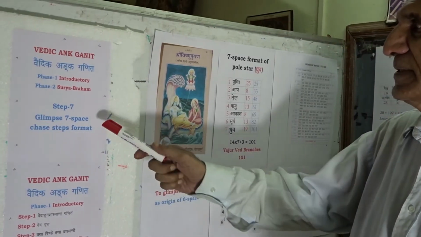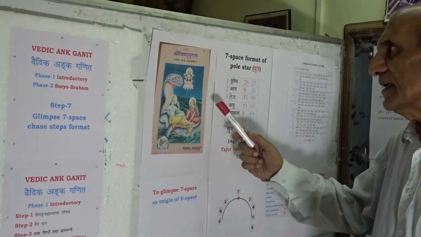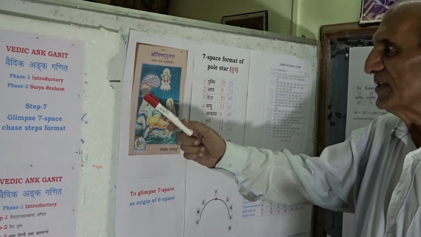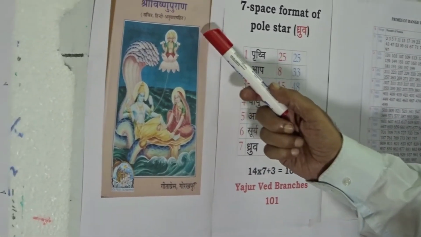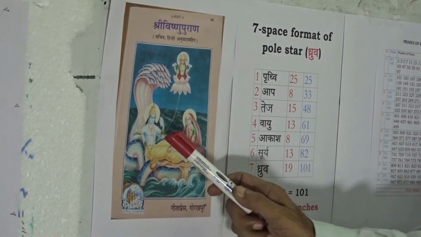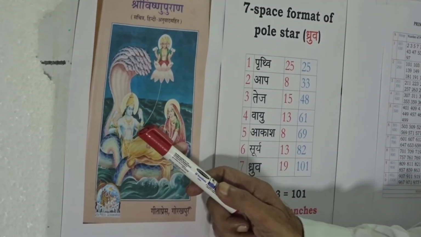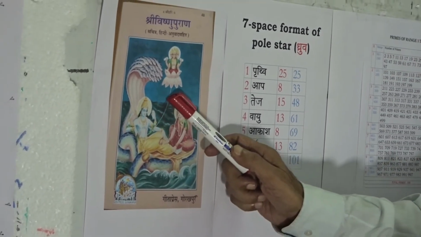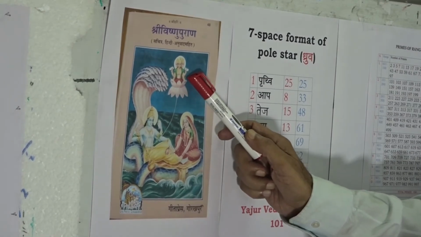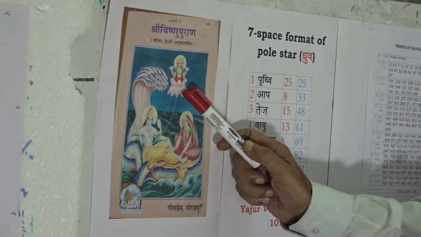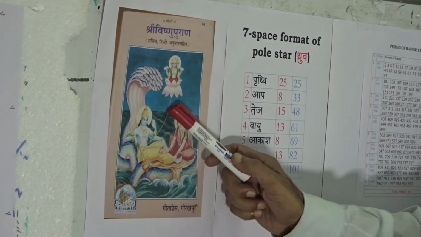To glimpse 7 space, let us be face to face with this pictorial representation. Lord Vishnu has a seat for Lord Brahma with his navel knot string.